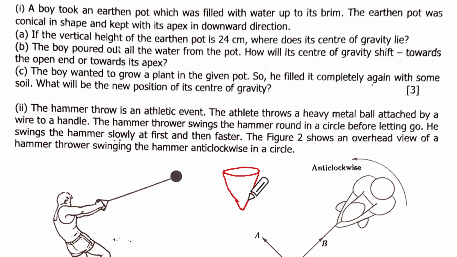If the vertical height of the earthen pot is from here to here, this is 24 centimeter. Where does the center of gravity lie is the first question. So question number 4, the first part A, you have shown the diagram somewhere on the page. So you will say for solid cone.